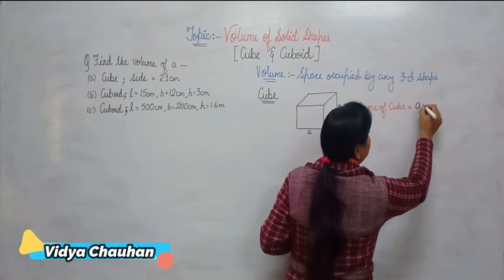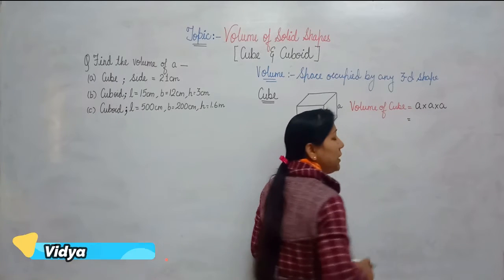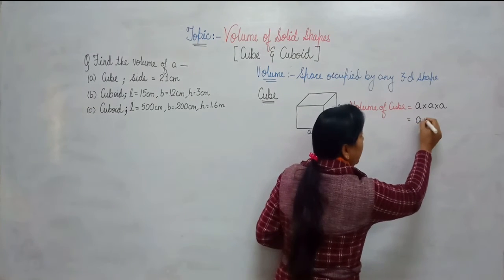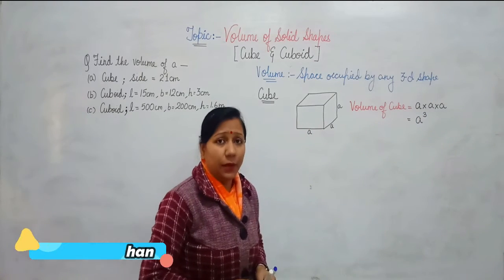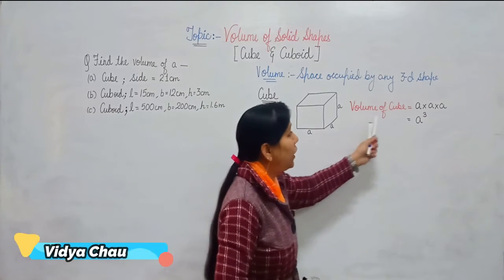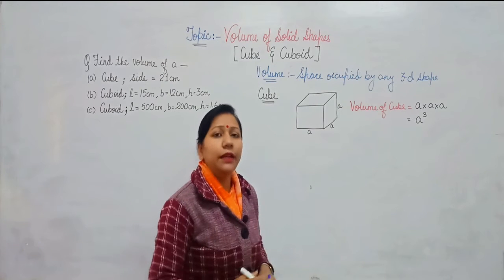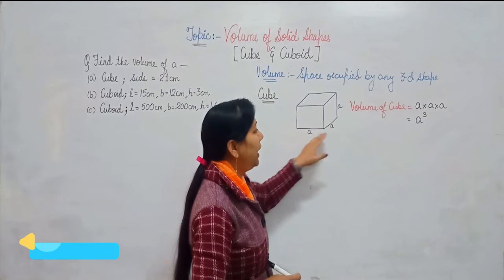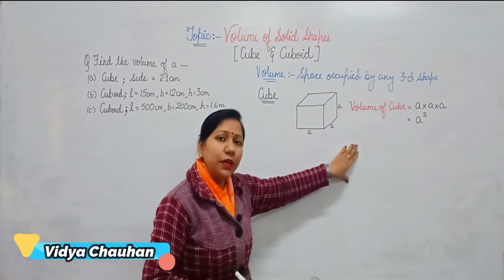It is A into A into A. That is A multiplied by A multiplied by A, and it comes out as A cube, or you can say A to the power 3. So this is the formula for the volume of a cube, which is side A into side A into side A. That is the multiplication of all three dimensions, length, breadth and height. That will give you the volume of a cube.